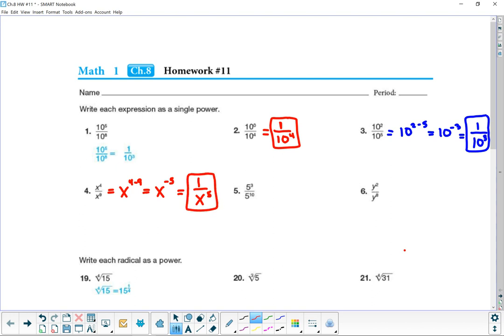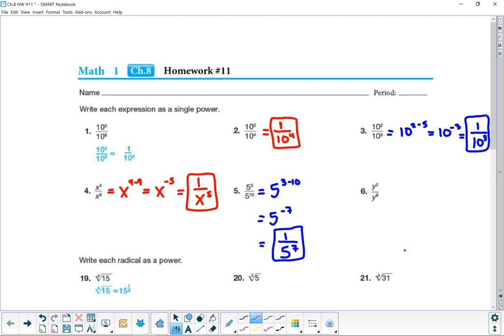This one, 5 to the 3rd over 5 to the 10, is going to make 5 to the 3 minus 10, which is going to make 5 to the negative 7, which is going to make 1 over 5 to the 7. That's your final answer.